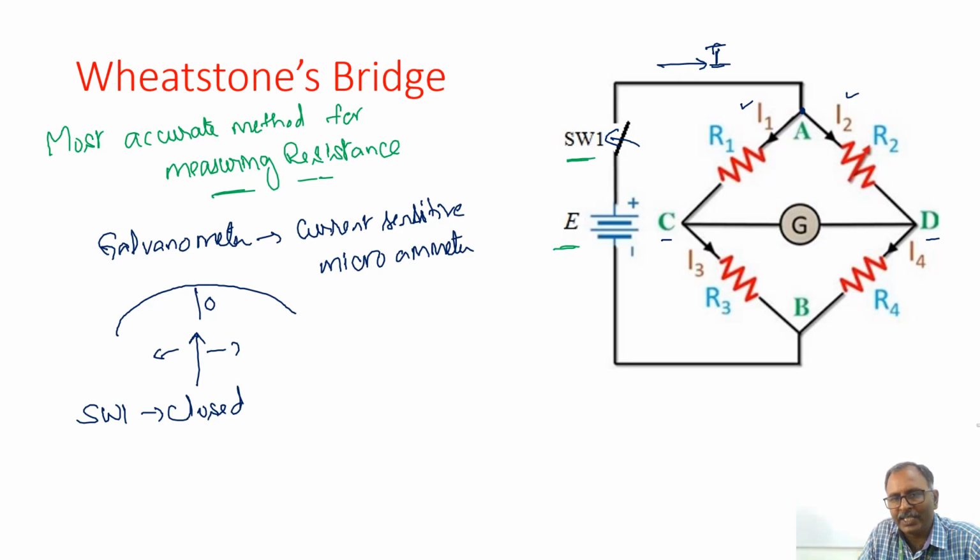And when the bridge is under balanced condition, there won't be any current flow in the galvanometer.